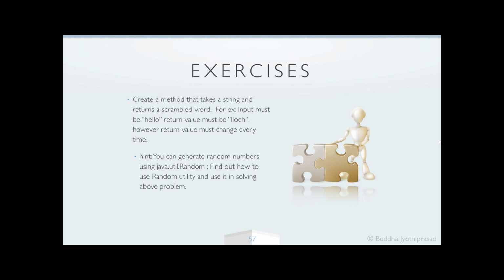So I want you to write a method that takes a string as input and returns a string, and the returned string is a scrambled form of the given input word. For this, you can use a utility called Random to generate random numbers, or if you want to solve it in any other way, feel free.